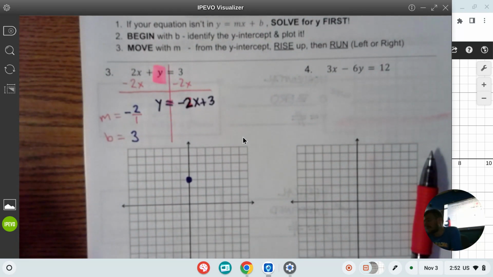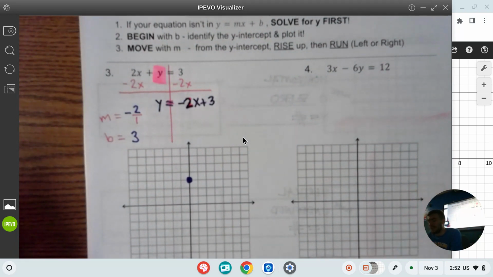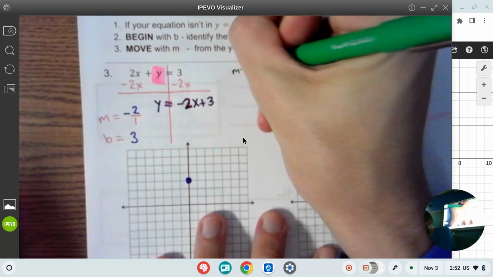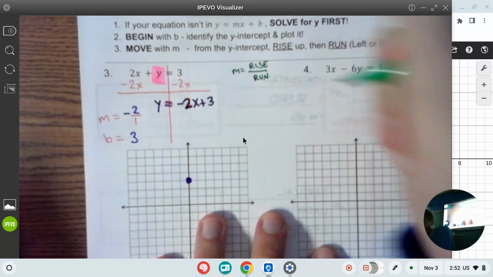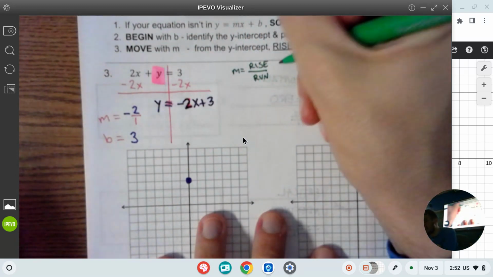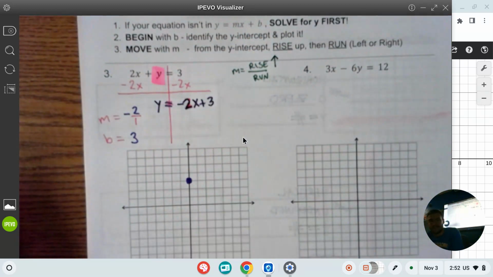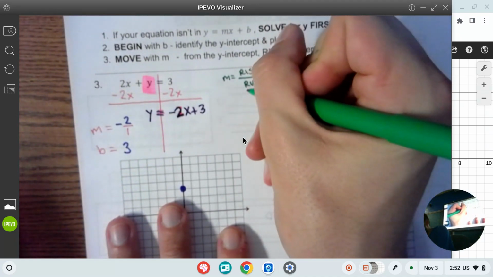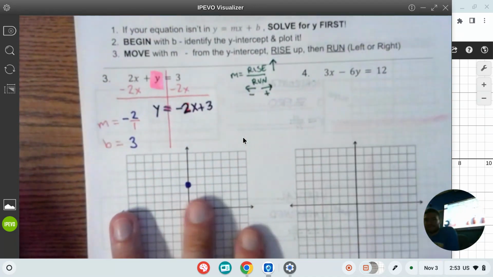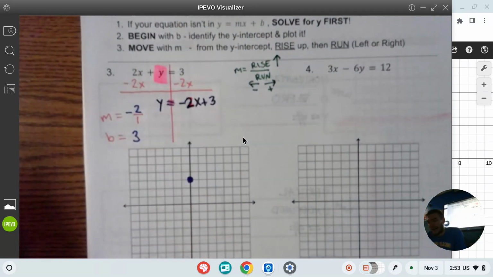Dividing it by 1 is going to turn it into a fraction, which is good because remember, M equals rise over run. And the way that I do things is I will always, every single time, go up. No matter what, I will always go up. And then I will either run positive to the right or I will run negative to the left.